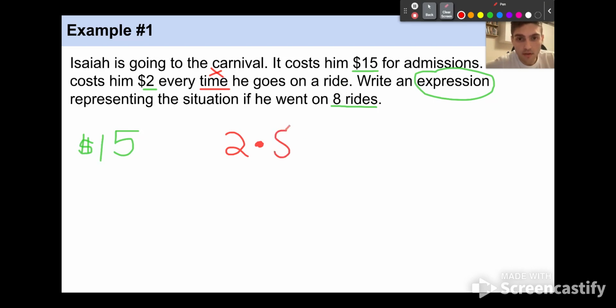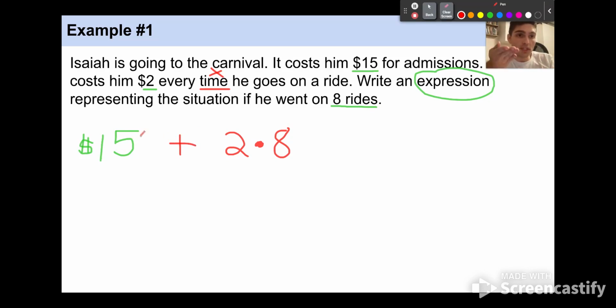So he went 2 times 8. Every time he went, it was $2, $2, $2, $2. And if we want to know how much money he spent all together, we're going to have to add, because putting things together is adding. So our expression could look just like this.